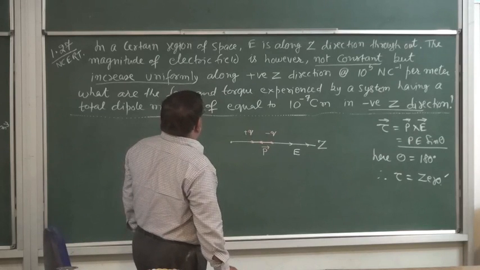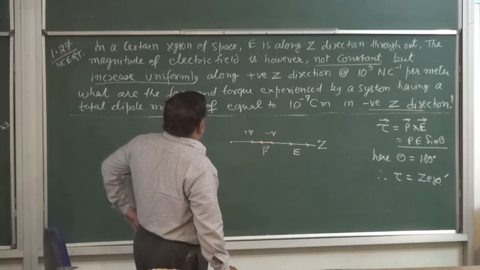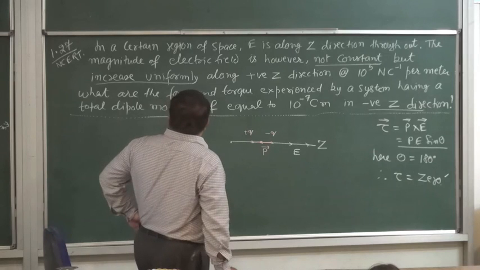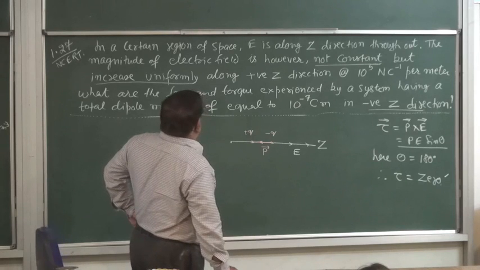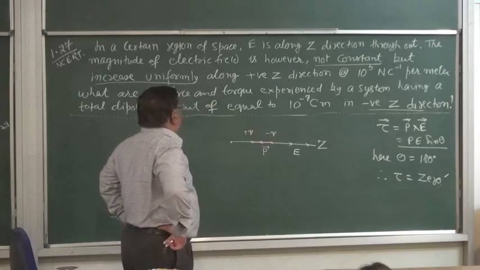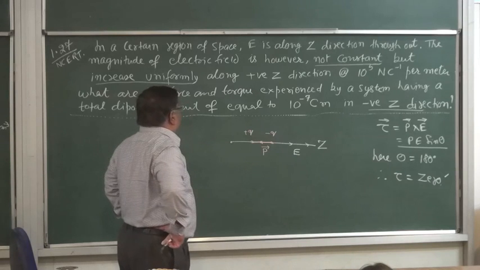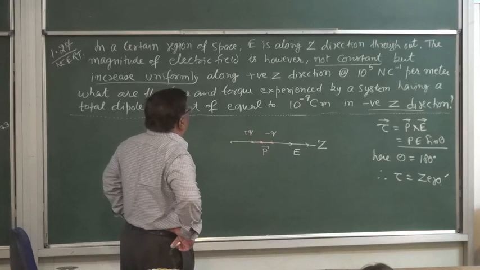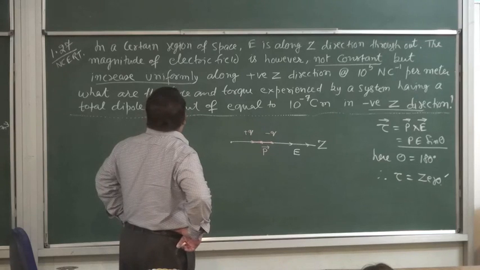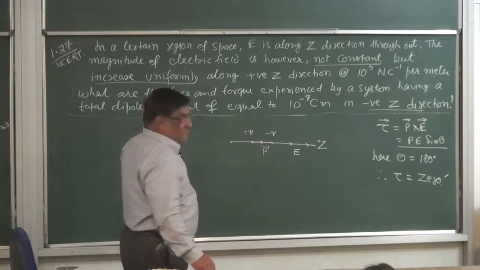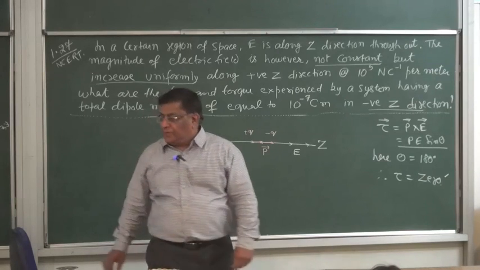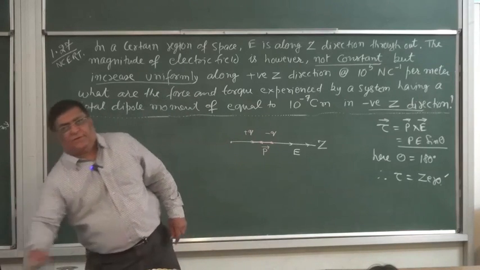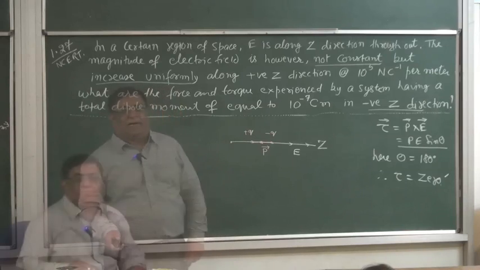What are the force and torque experienced by a system having a total dipole moment equal to 10 to the power minus 7 P. थोड़ा इसके बारे में सोचिए, बताइए कैसे निकाल सकते हैं.